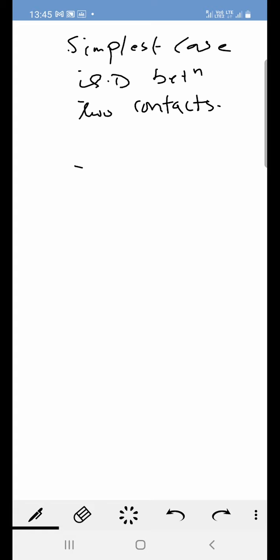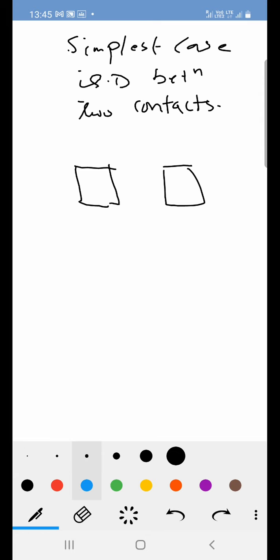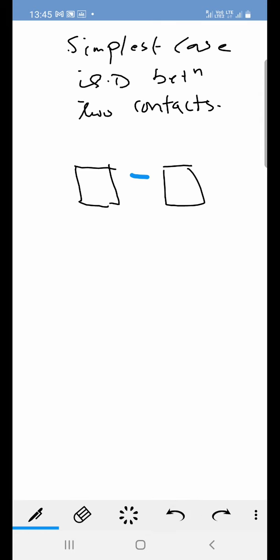Suppose this is a contact and this is a contact, and in between we place a molecule. So this is a contact, this is also a contact, there is a molecule in between.